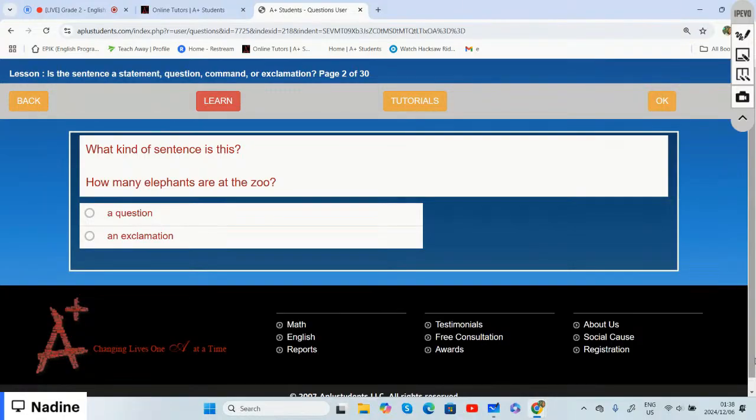Is that option one a question, or is it option two an exclamation? How many elephants are at the zoo?